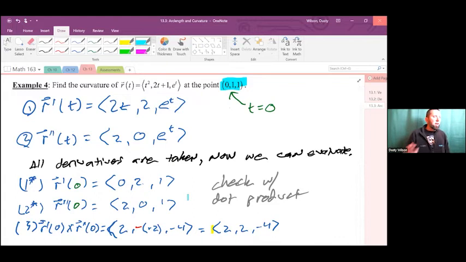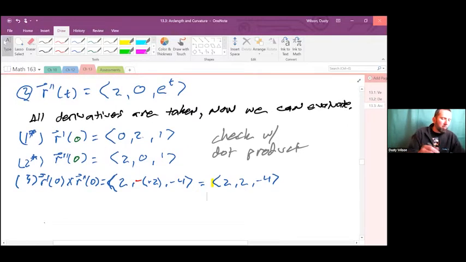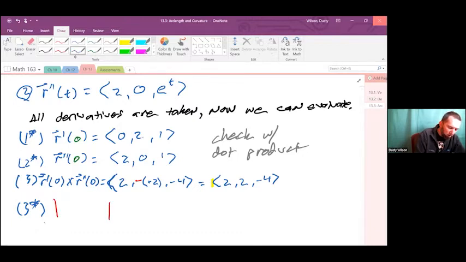Okay, so we have r prime of 0, we have r double prime of 0, we have r prime of 0 cross r double prime of 0. Now we need some magnitudes. So we need, maybe this is 3 star, the magnitude of r prime of 0 cross r double prime of 0.